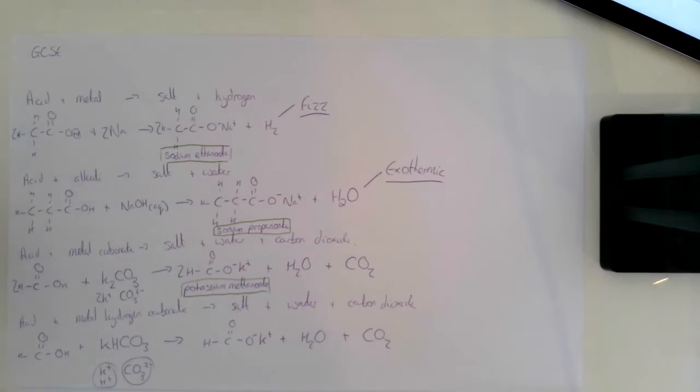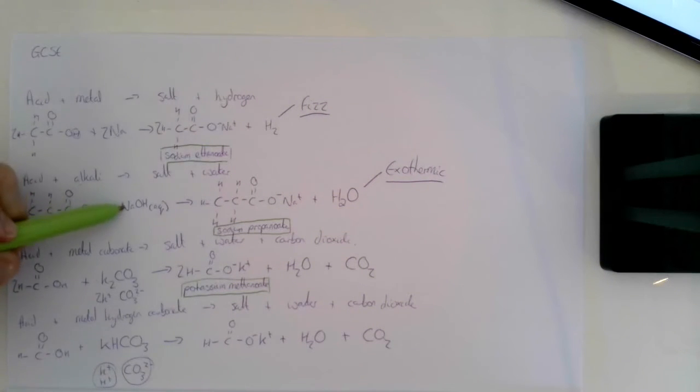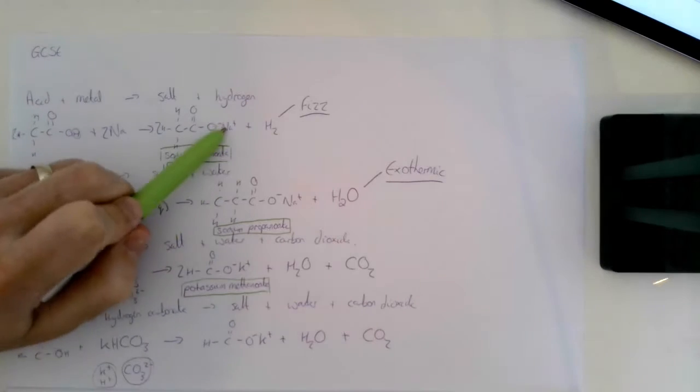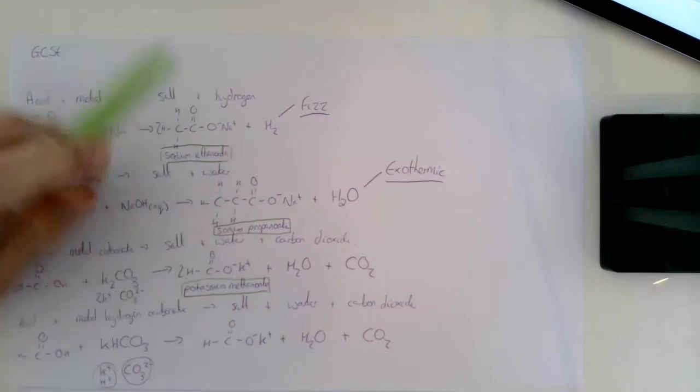Now, one way they can make these sorts of equations really awkward for you, if they wanted to, would be to use a metal that forms a 2 plus charge. If you look at all the metals that I use as examples, they're all from group 1, so they all form a 1 plus charge.